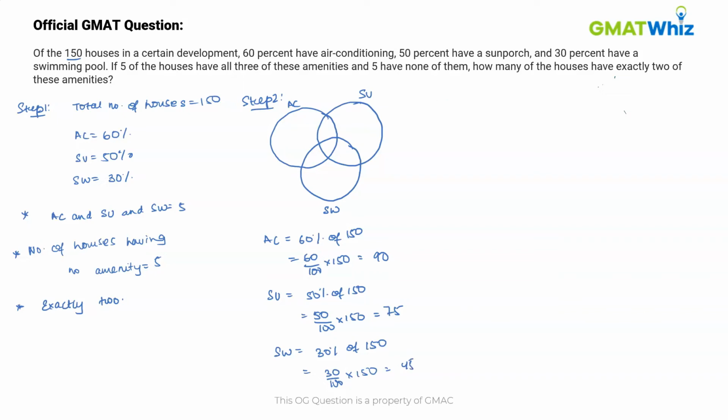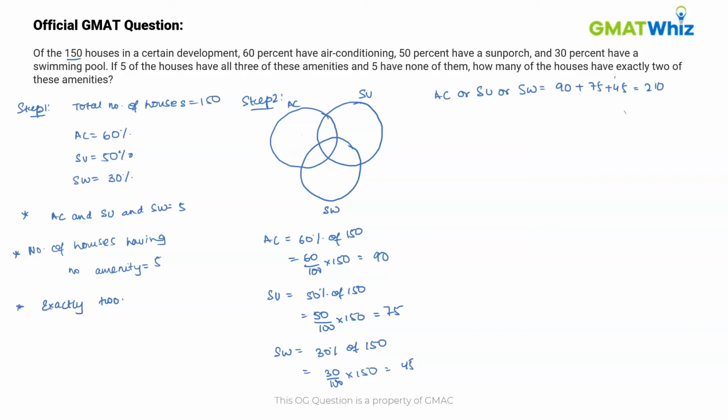Here, the total number of houses which have the amenities of air conditioning or sun porch or swimming pool is equal to 90 plus 75 plus 45. This is equal to 210.